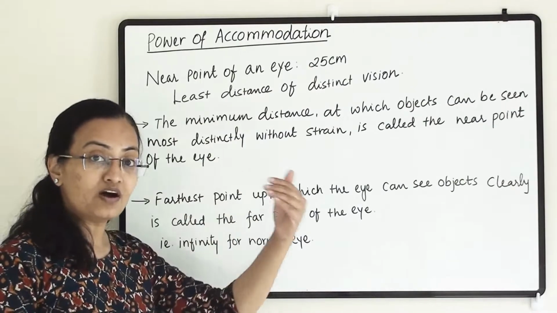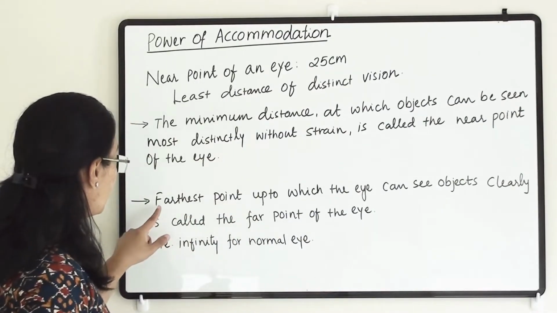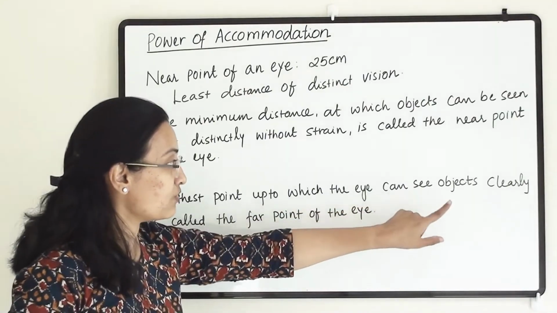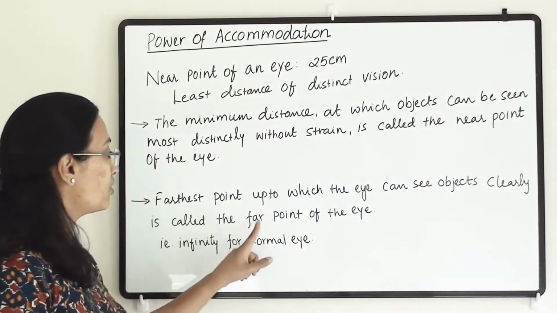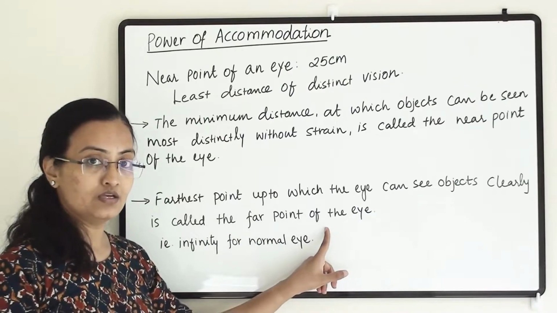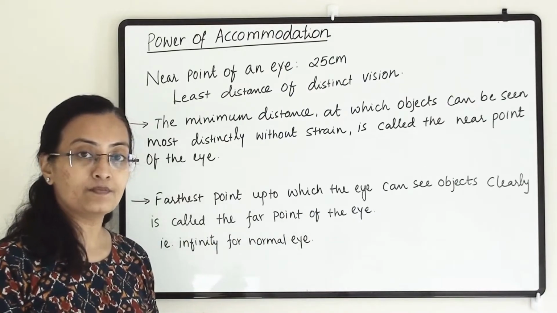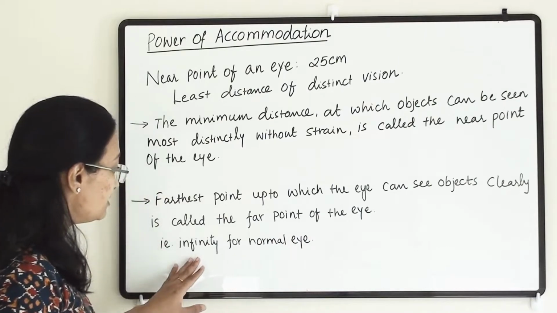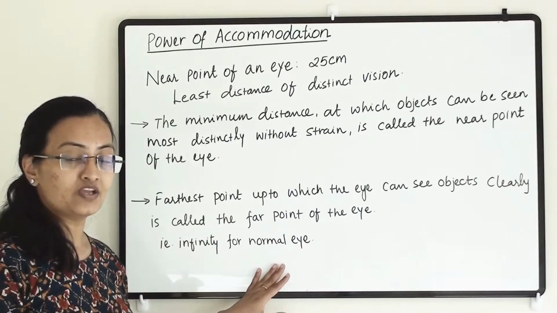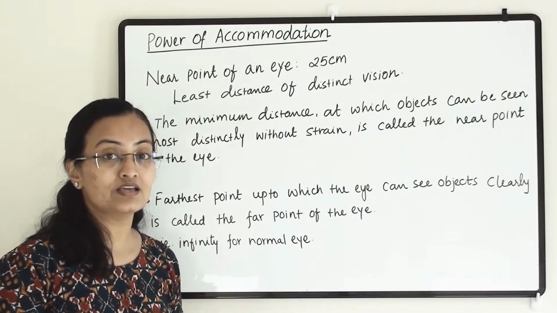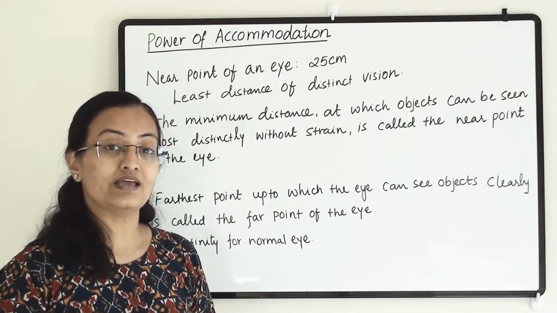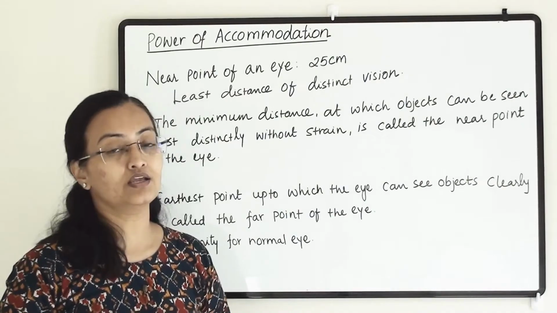Similarly, there is also the farthest point, and the farthest point up to which the eye can see objects clearly is called the far point of an eye. So there are 2 points for the eye, near point and far point. This is the farthest point, and that is infinity for the normal eye. So the human eye can see the closer object at 25 centimeter distance and the farthest object at infinity.